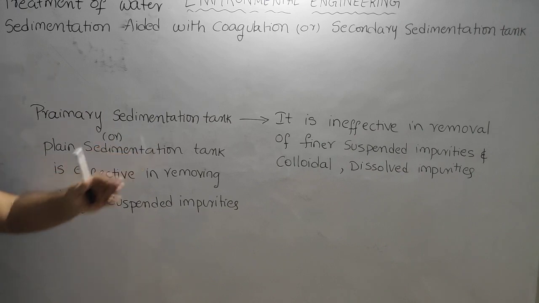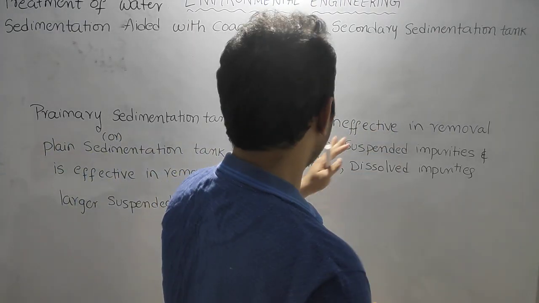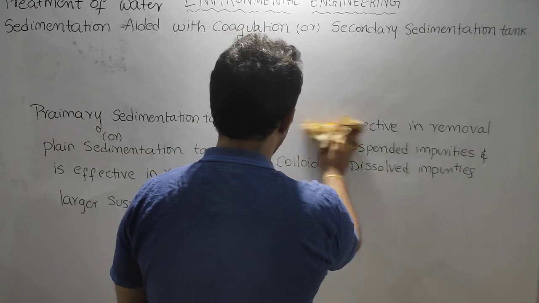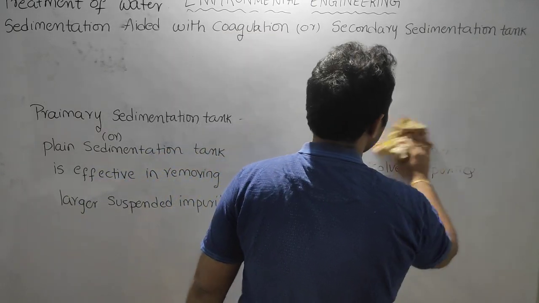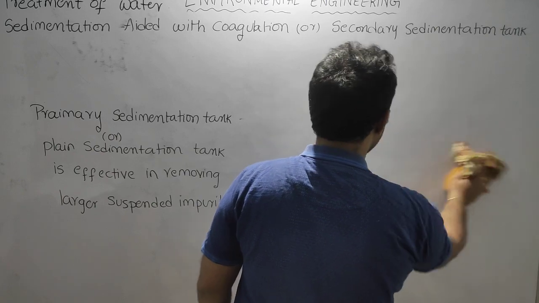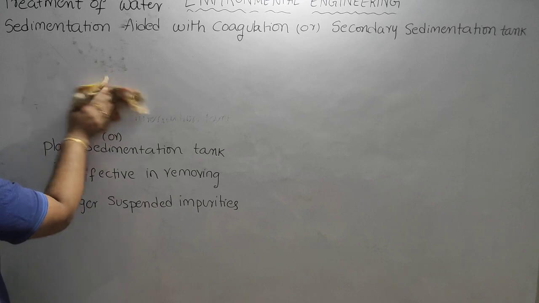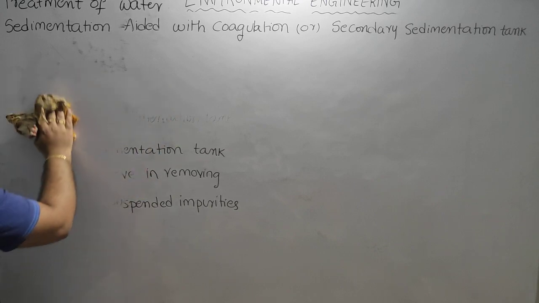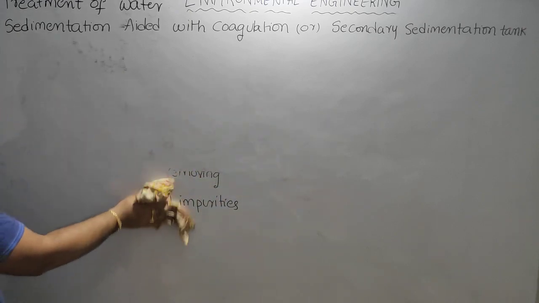Why are these finer suspended impurities, colloidal impurities and dissolved impurities not getting removed in a plain sedimentation tank? Generally they are very fine in size, so their weight is not predominant. Their mass or weight, gravity, does not affect them that much, but they are affected by their charge.